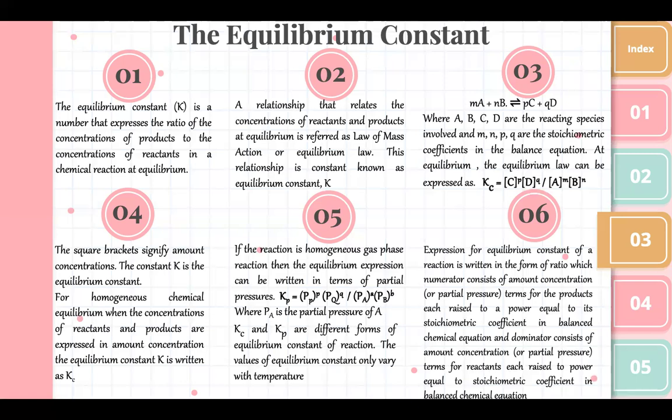The square brackets signify amount concentration. The constant K is the equilibrium constant.